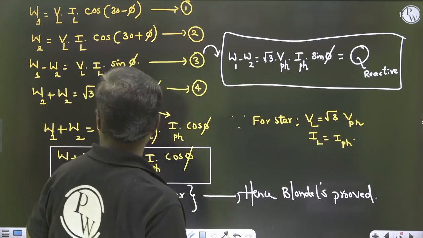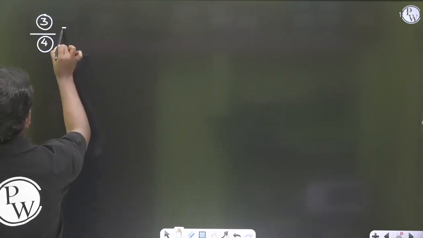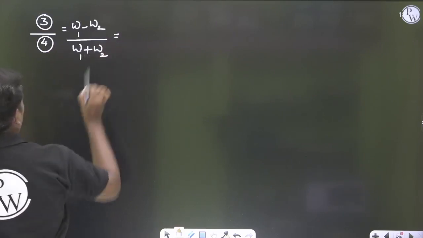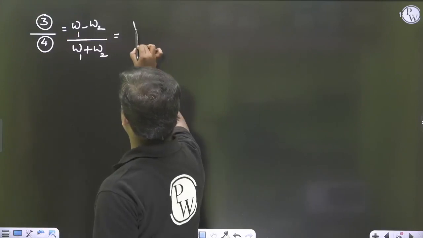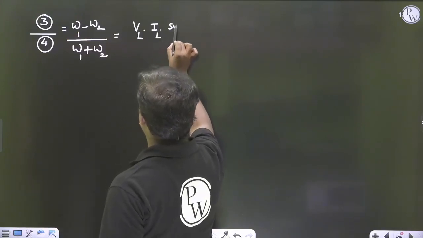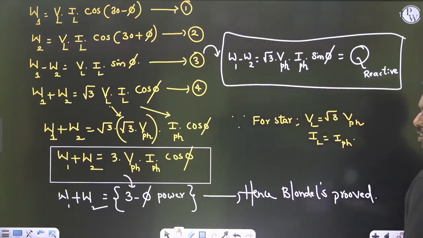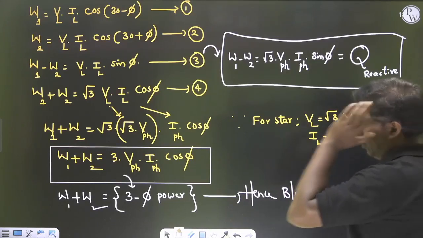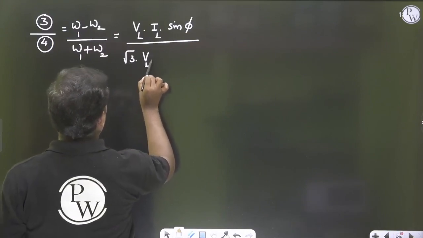And from this, I can derive some more expressions. If I take the ratio, W1 minus W2 by W1 plus W2, this will be VLIL sin phi, the whole divided by root 3 VLIL cos phi.